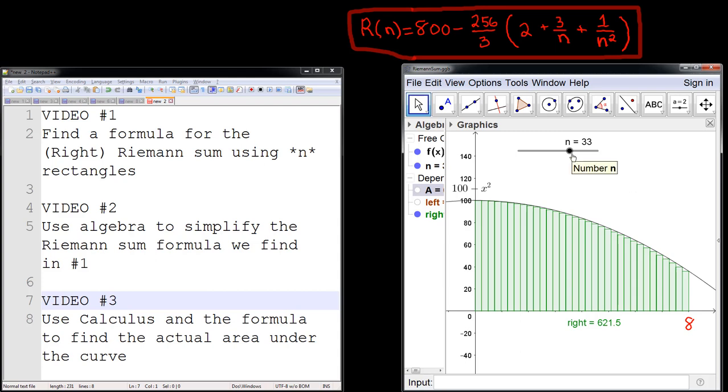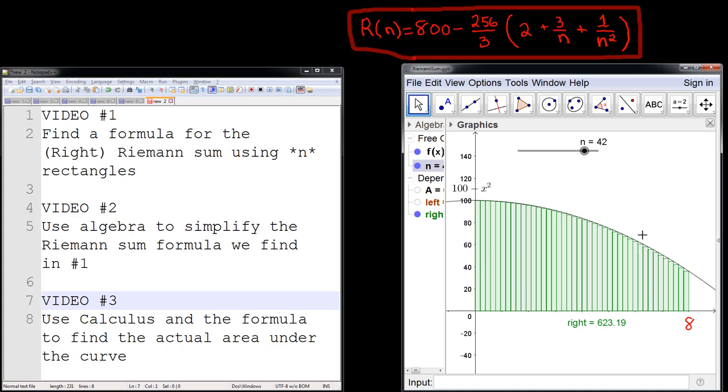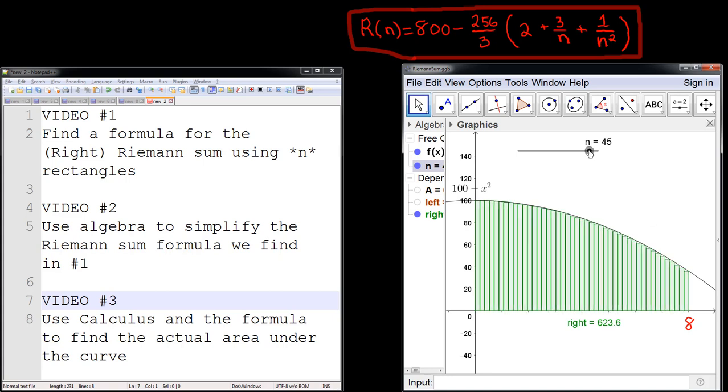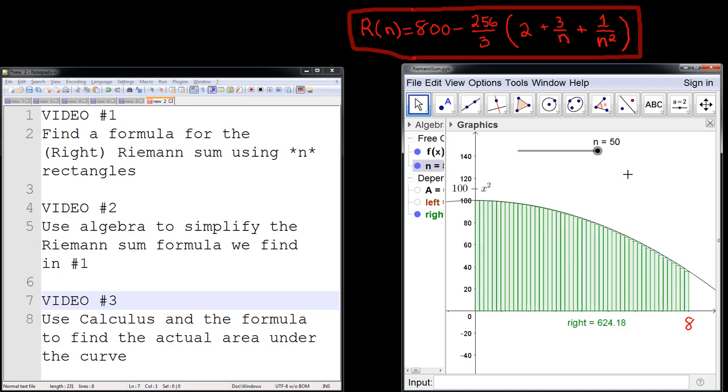But here's the punchline, and here's where the calculus comes in. The more rectangles we use, the better our approximation gets. The way I programmed GeoGebra, it only goes up to 50.